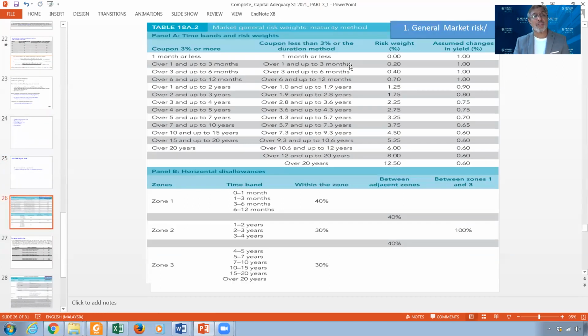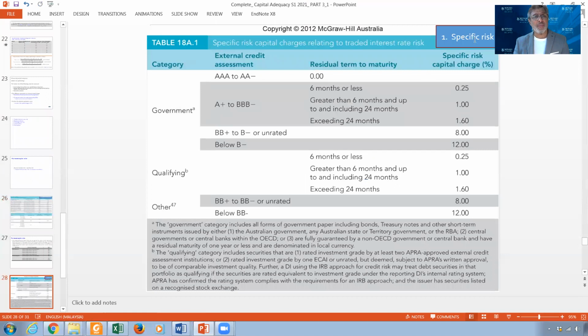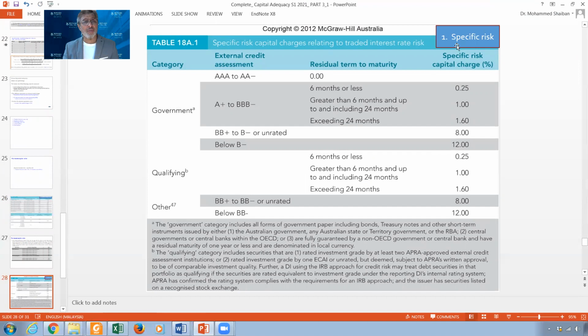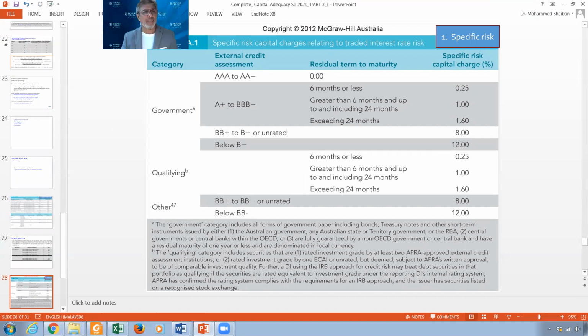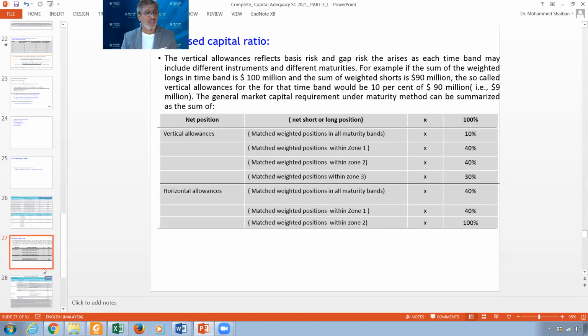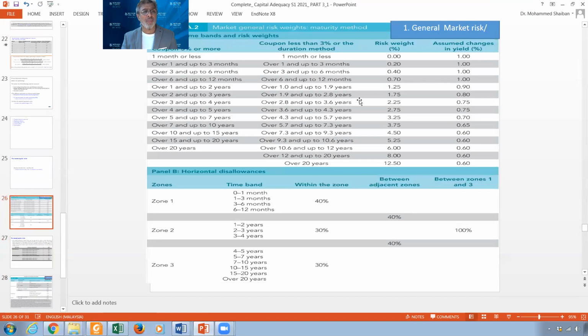They bring us this table. So we have general market risk and specific market risk. Specific market risk means the risk that we have to the counterparty, but the general market risk is the risk related to the market.